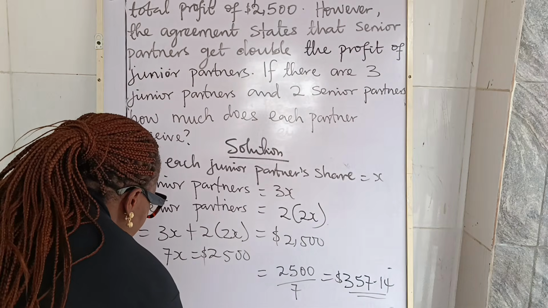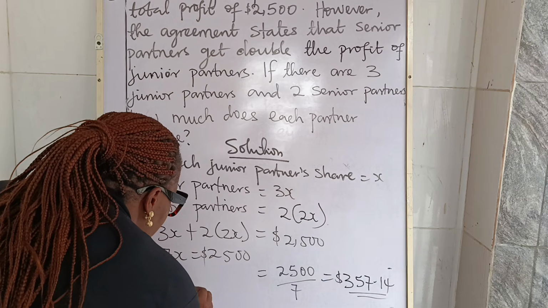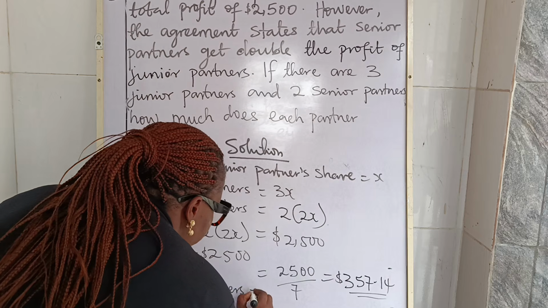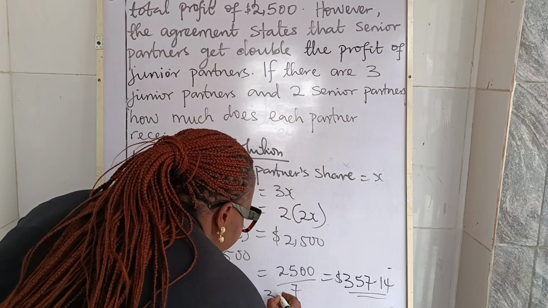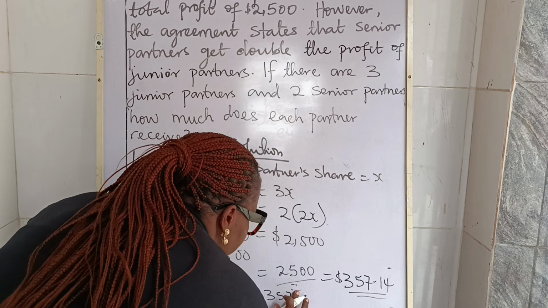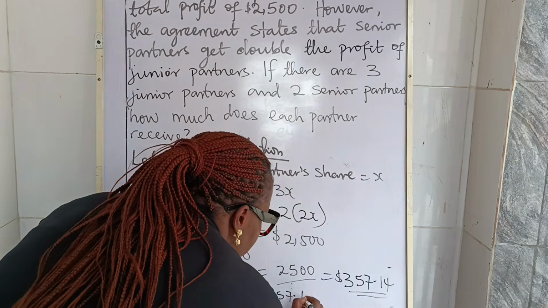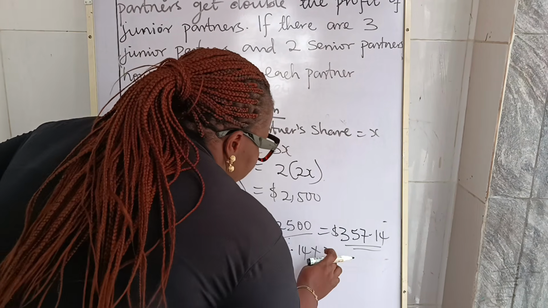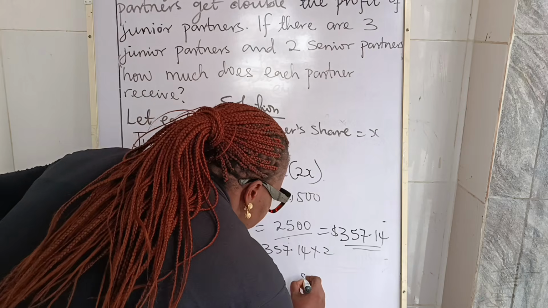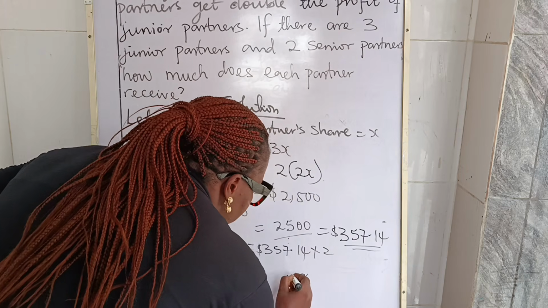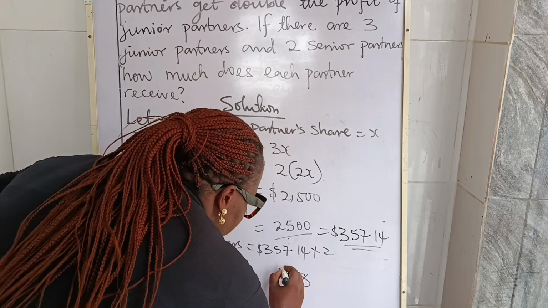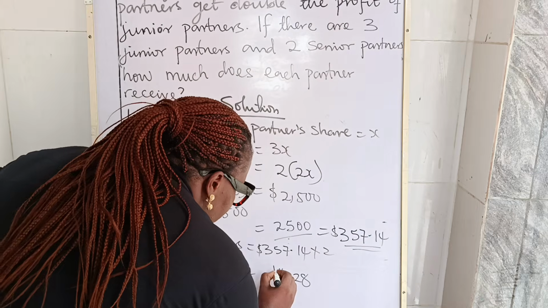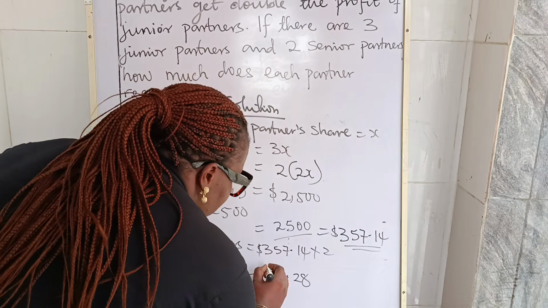So senior partners will be $357.14 multiplied by 2. 2 times 4 is 8, 2 times 1 is 2, dot, 2 times 7 is 14, write your 4, carry 1, 2 times 5 is 10, plus that one is 11, 2 times 3 is 6, plus that one is 7.